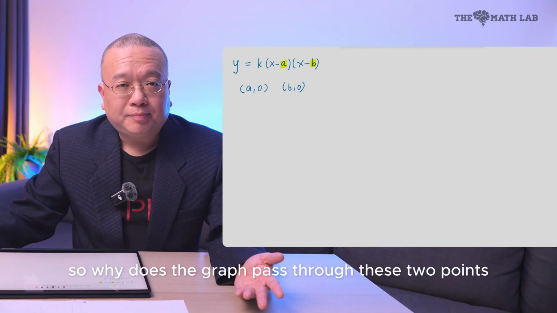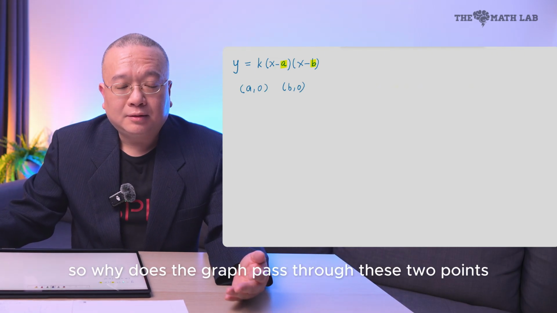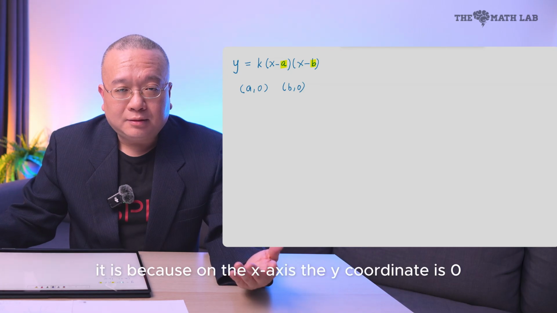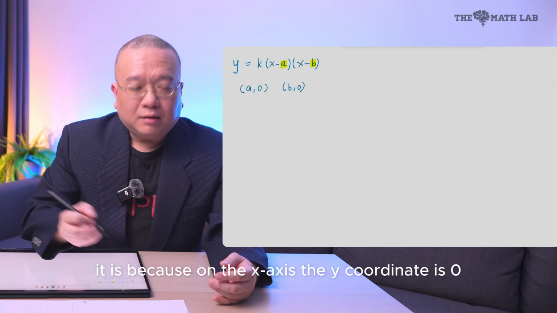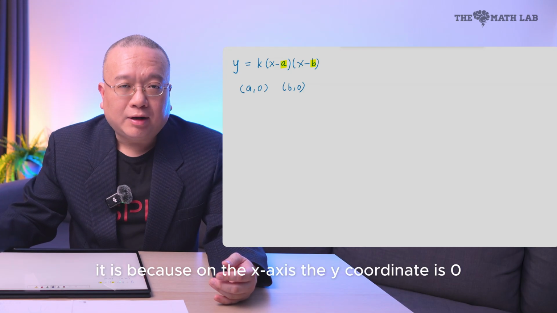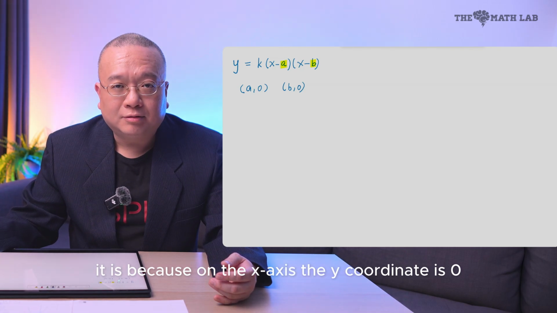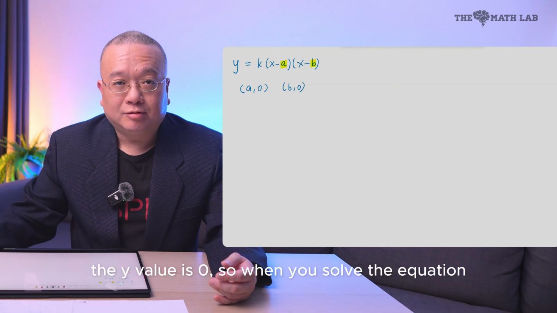So why does the graph pass through these 2 points? It is because on the x-axis, the y coordinate is 0. The y value is 0.